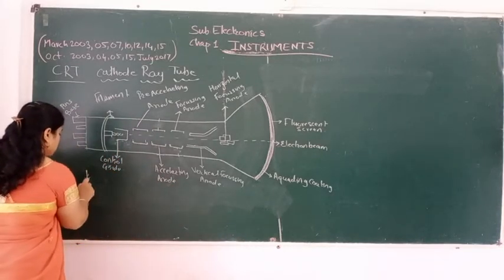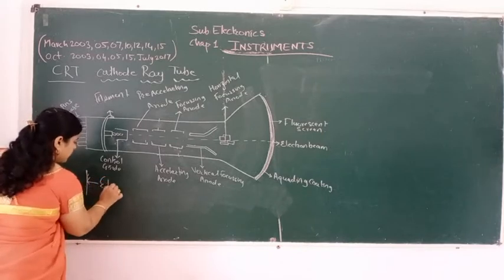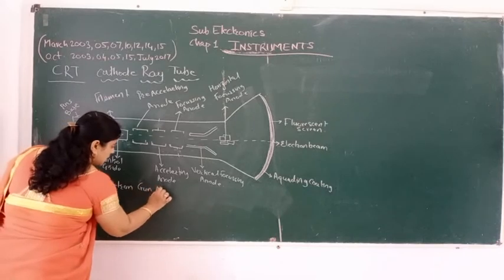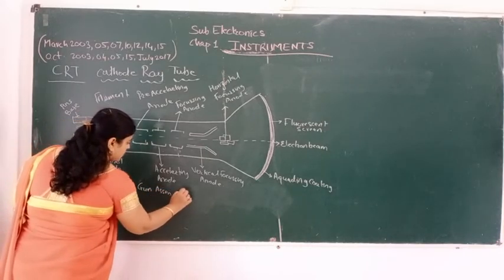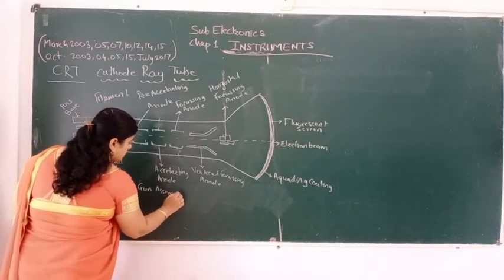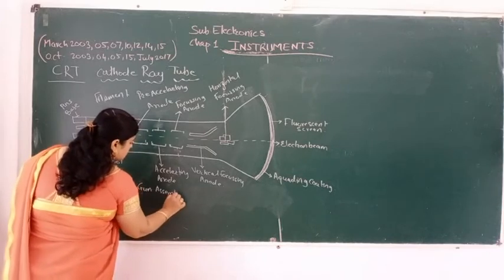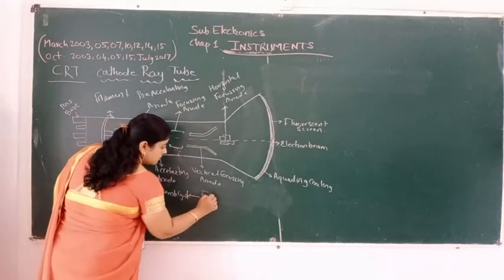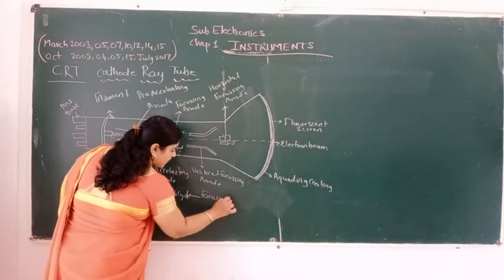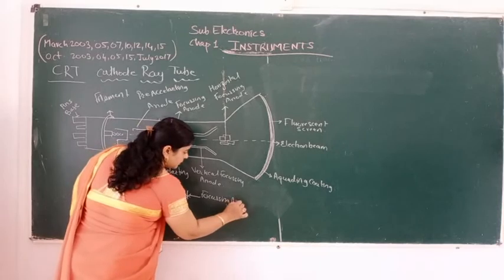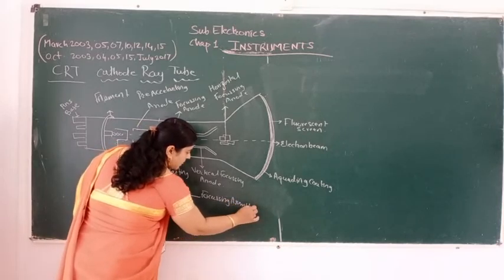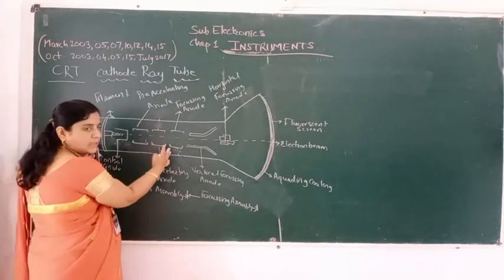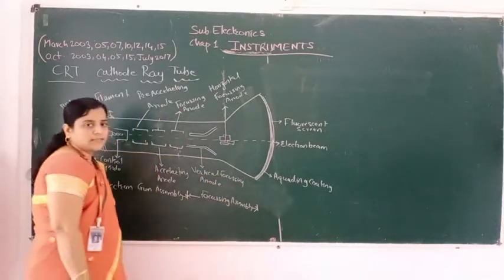This part is called the electron gun assembly, and here the focusing assembly. Two main parts are there. This is the electron gun assembly and this is the focusing assembly.